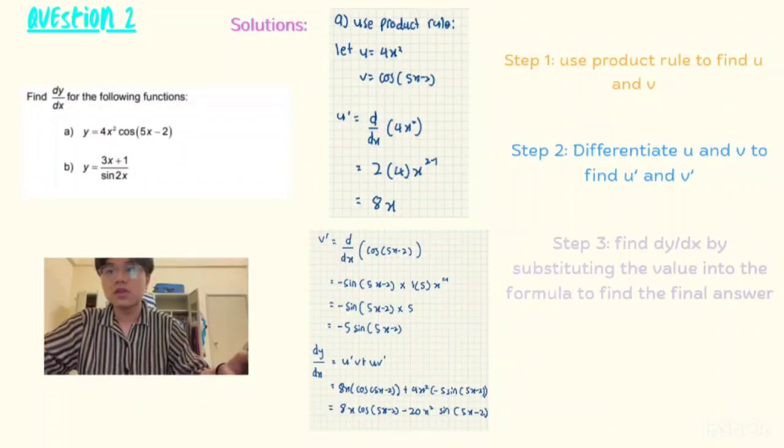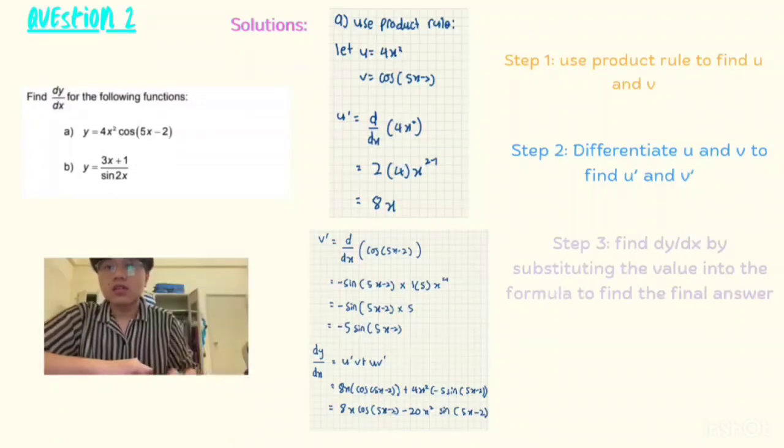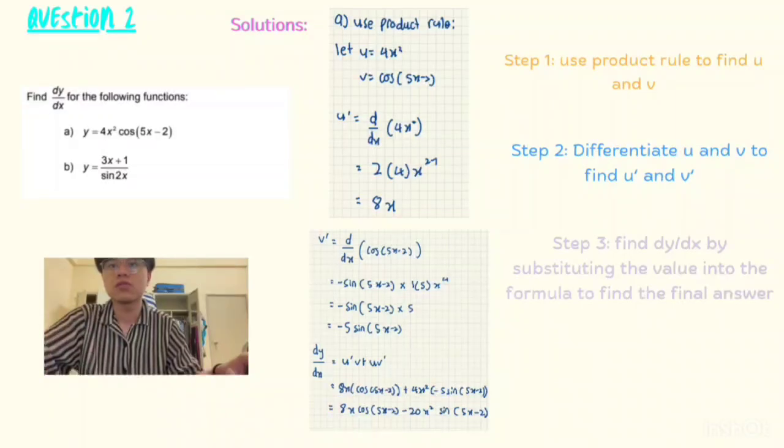So, to find dy/dx for this function, we have dy/dx equals u prime v plus u v prime. So it will be 8x multiplied by cos 5x minus 2, plus 4x squared multiplied by negative 5 sin 5x minus 2.